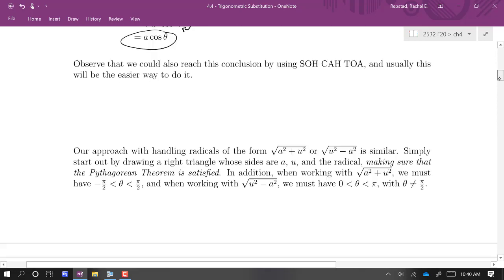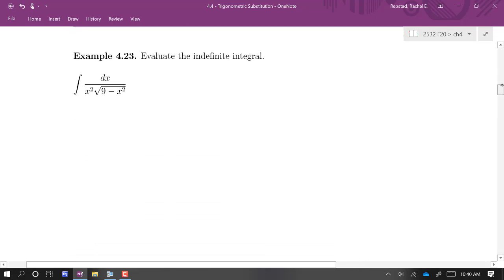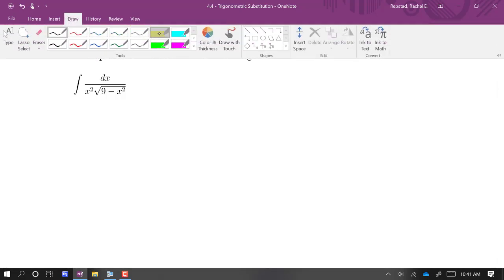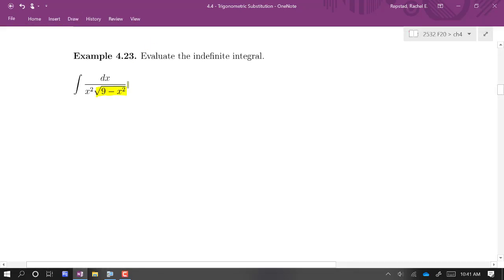So we're going to do an example. We're going to do a bunch of examples, actually. So in example 423, we want to integrate dx over x squared times the square root of 9 minus x squared. So my initial focus immediately is just on this radical expression.